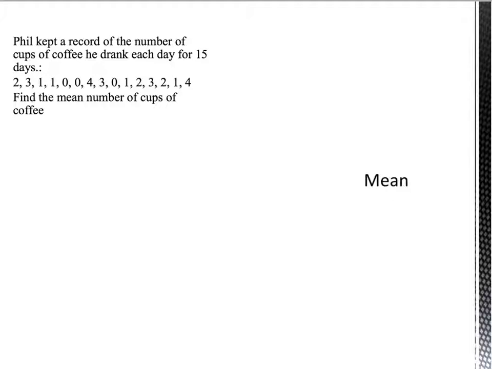We just saw that X bar is equal to the sum of the Xi's, i equal to 1 to N, all over N. All right, well, how many pieces of data do we have? He collected his data for 15 days. There's 15 numbers there. So that means your N equals 15.